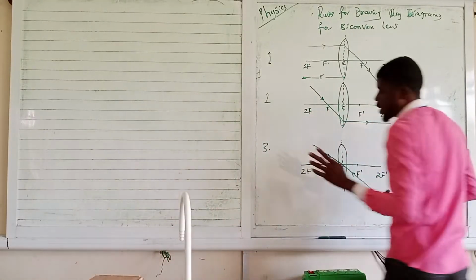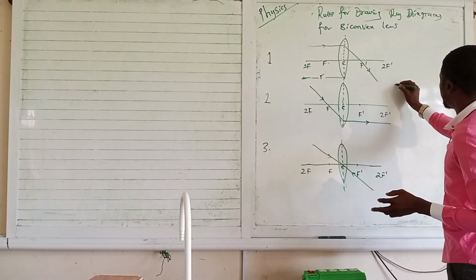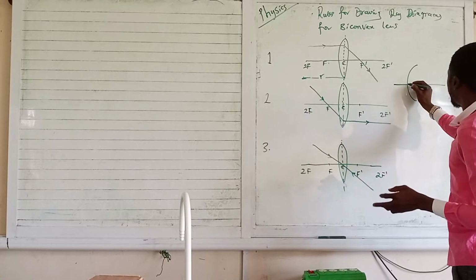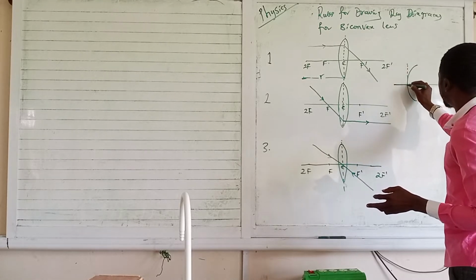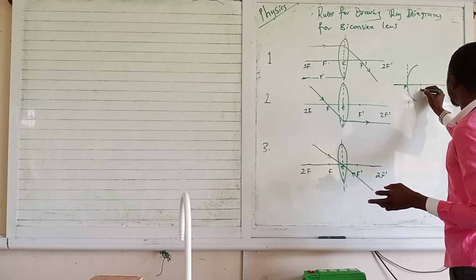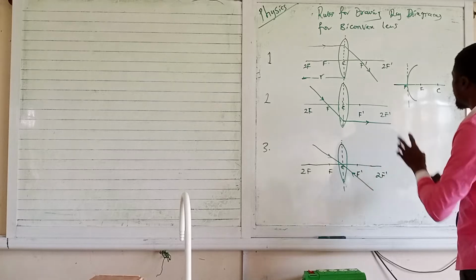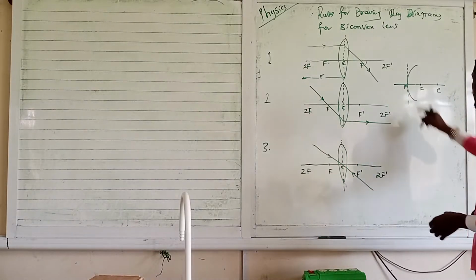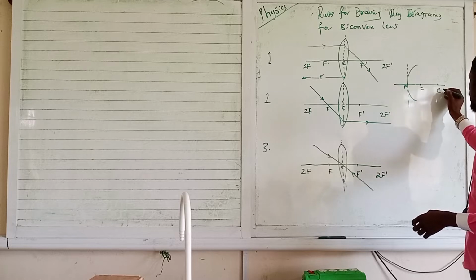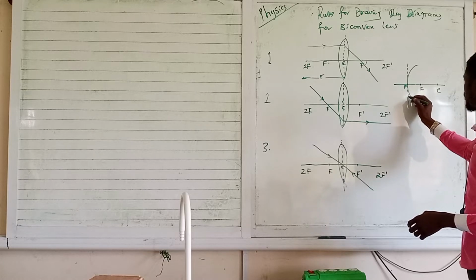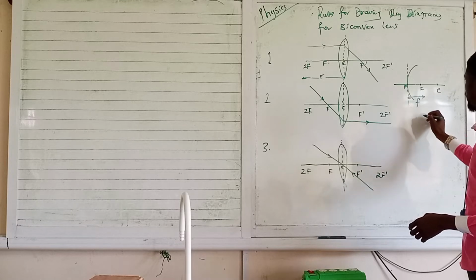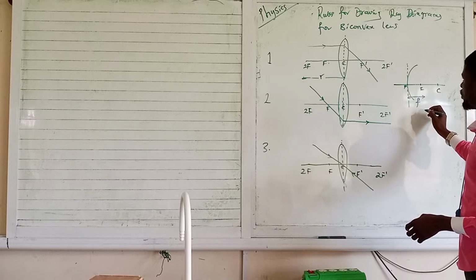Don't forget what we did in concave mirror, where I drew something like this. That here is a line of symmetry, and here is a P, here is your F, and here is your C. In that video, I told you that the distance from here to this point must be the same as from here to here. So I said that from the pole to F is the small letter f. Good.